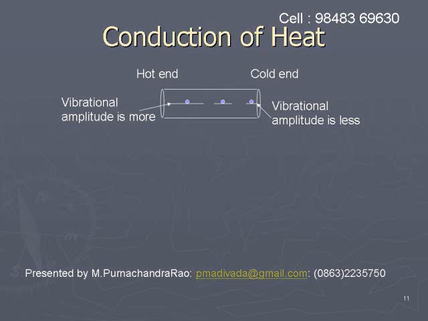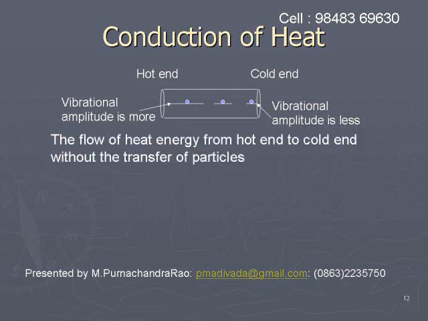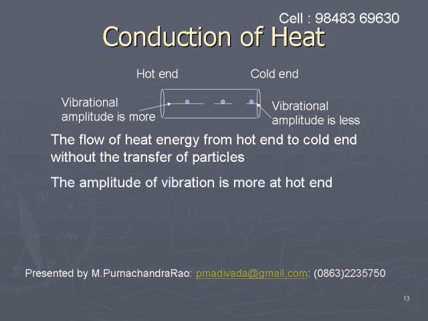At the hot end, the vibrational amplitude of the molecules will be larger. As a result of the heat given by the stove, the molecules at the hot end vibrate with large amplitude. They collide with their neighbors and thereby transfer their energy to their neighbors.